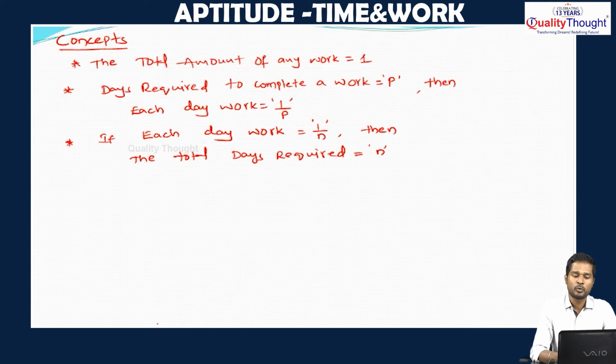So see the second point and third point again: if a person takes p days, every day he does 1 by p of the work, and if a person does 1 by n of the work every day, then he requires total n days to complete the work.